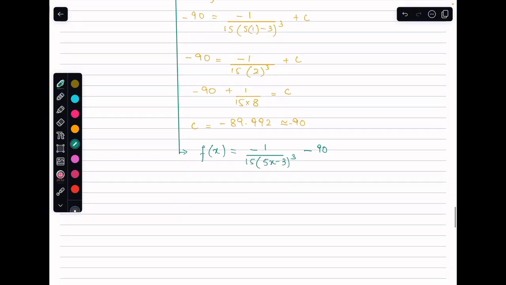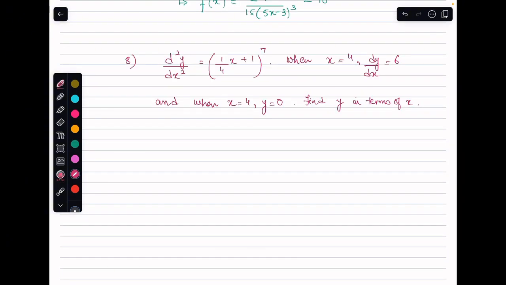Let's do another one. This question says that d2y over dx squared, the second derivative, is equal to 1 by (4x plus 1) the whole to the power 7. They have given us certain conditions: when x is equal to 4, dy by dx is equal to 6, and when x is equal to 4, y is equal to 0.